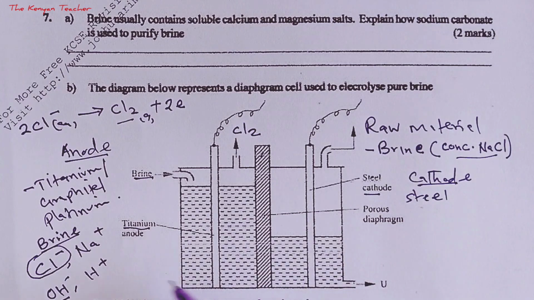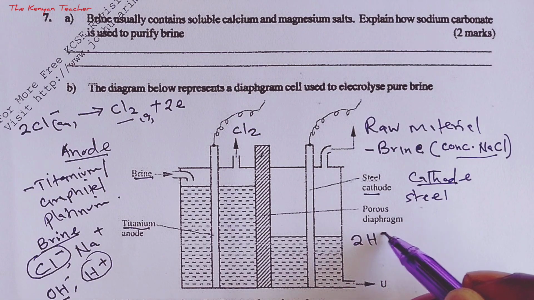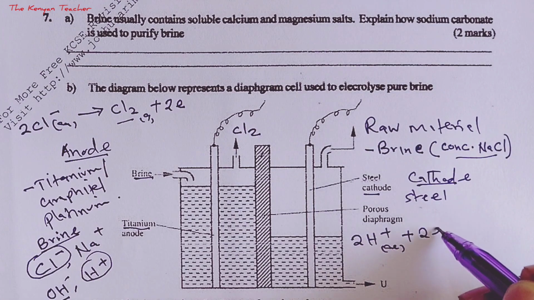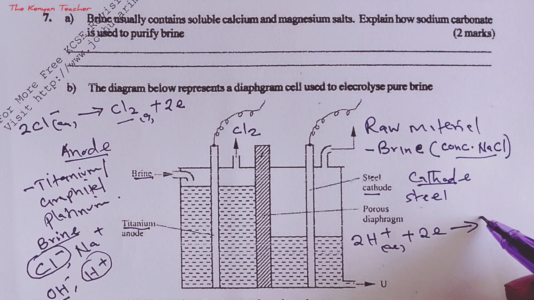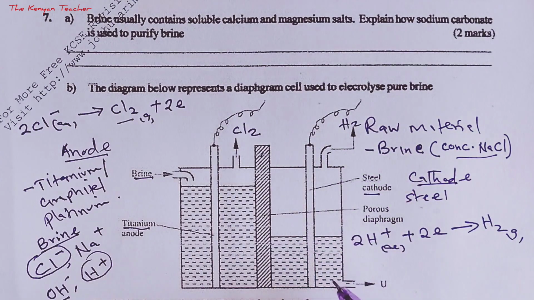At the cathode, we shall discharge the usual hydrogen ion. 2 moles of our hydrogen ions will accept 2 moles of electrons to give us hydrogen gas. The hydrogen now will leave through this other hood on the right compartment of the cell.